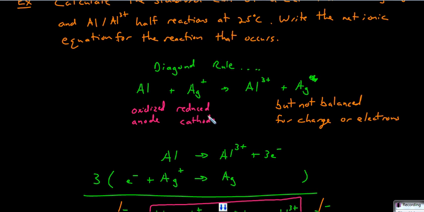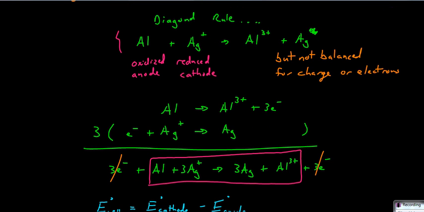But before we do that, I'd like for us to go ahead and write that net ionic equation for what's actually going to be occurring. What we've written right here is not actually the net ionic equation. It is not yet balanced for charge or the number of electrons. And so what we need is to balance for charge and electrons by writing the half-cell reactions separately. So aluminum turns into aluminum 3, and silver 1 turns into silver.